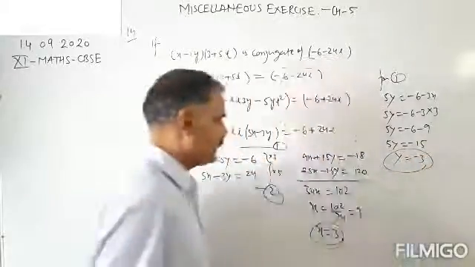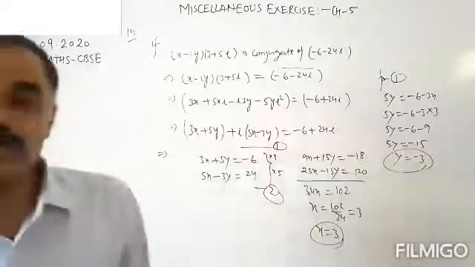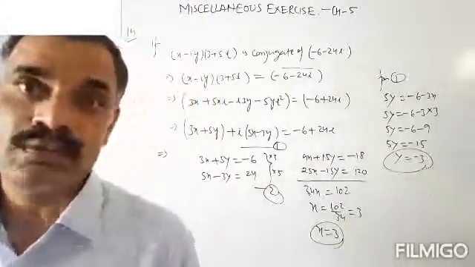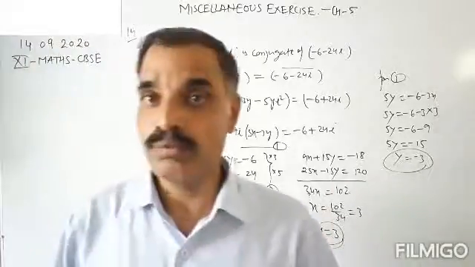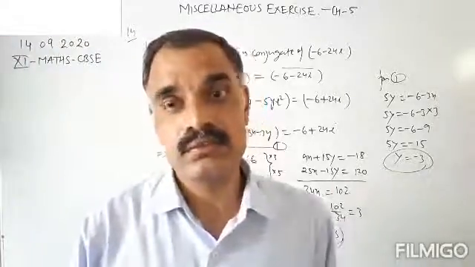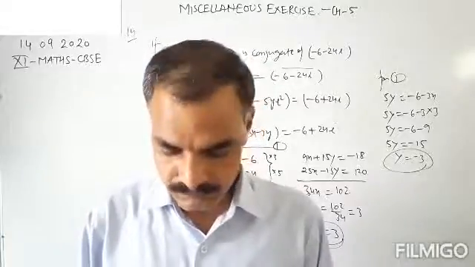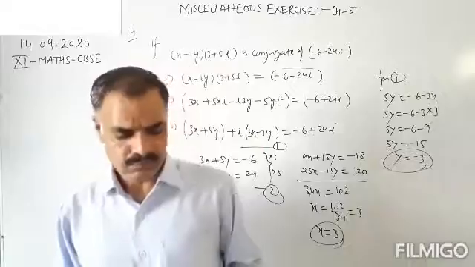So y equals minus 3 and x equals 3. This is the solution, the values of x and y after solving the given complex equation. Okay, this was question number 14.